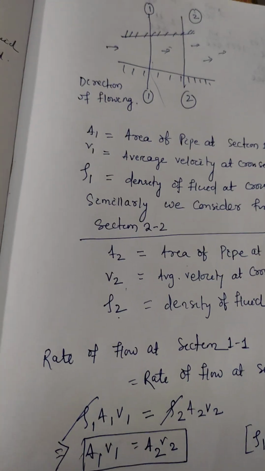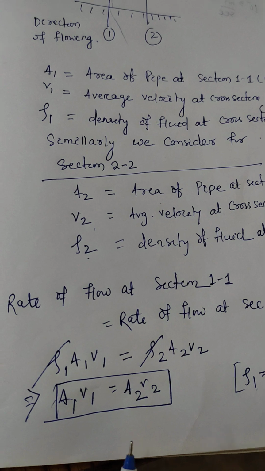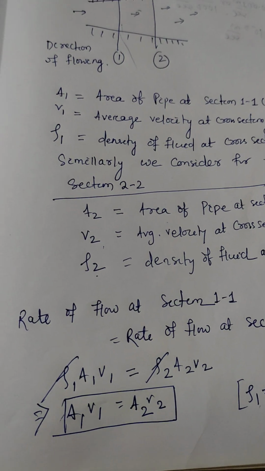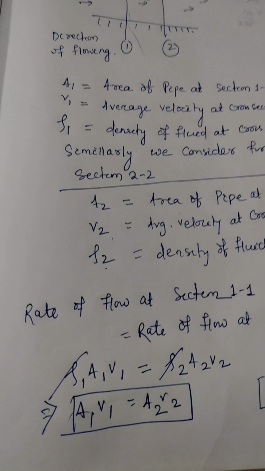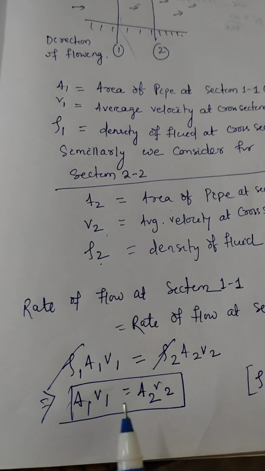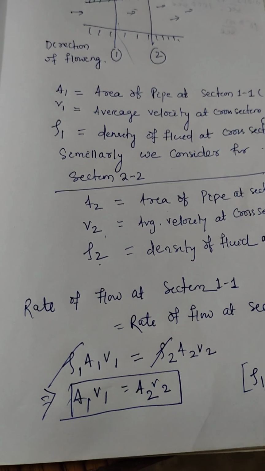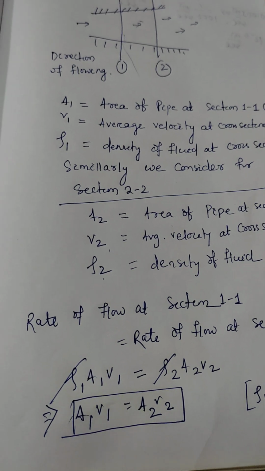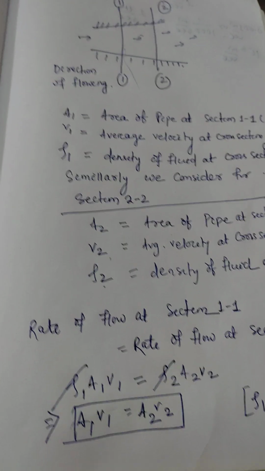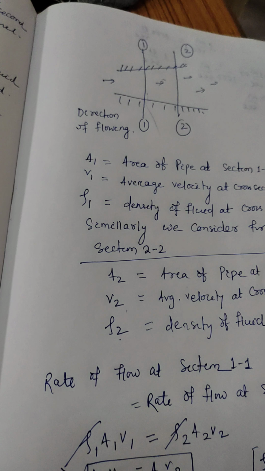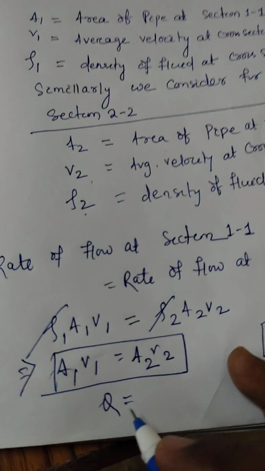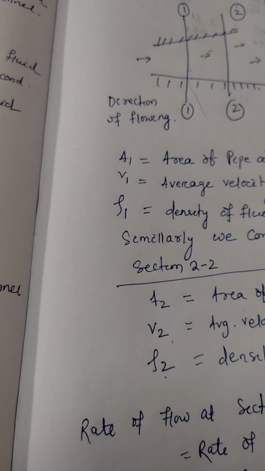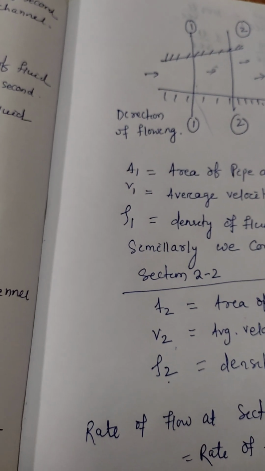So the equation reduces to A1 V1 equals A2 V2. This is your continuity equation, or we can measure it in terms of rate of flow or discharge. So rate of flow or discharge Q equals A1 V1 or A2 V2.